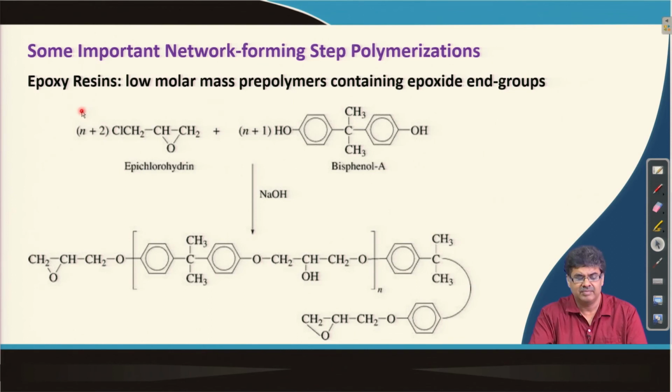Similarly, another important network polymer is epoxy resin. In this case, at the beginning low molecular weight pre-polymer containing epoxide end groups is formed, generally by reacting epichlorohydrin with the sodium salt of bisphenol A, forming a small molecular weight pre-polymer with epoxy end groups.